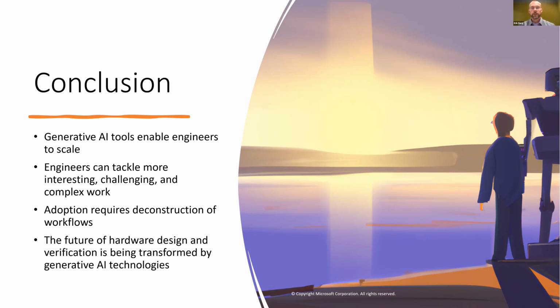I don't think that's the place where we provide the most value, and I don't think coding test benches is the place where I get the most enjoyment. So let's leave that to the machines and move on to higher level, more abstract problems.